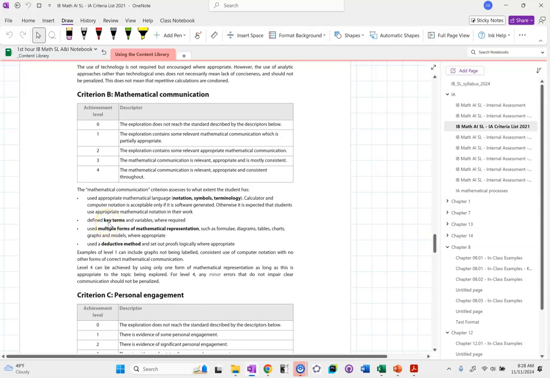Where xi is each of my measurements and n is the number of measurements, or whatever you need to say. You use multiple forms of mathematical representation, such as formula, diagrams, tables, charts, graphs, and models where appropriate. The last one doesn't apply to you because none of us are proving anything.